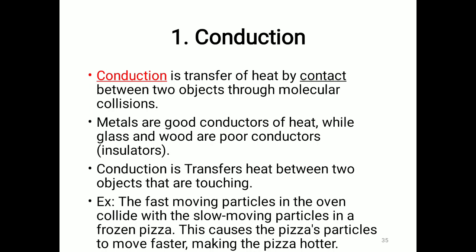For example, the fast moving particles in an oven collide with the slow moving particles in the frozen pizza, and this causes pizza particles to move, making the pizza hotter.